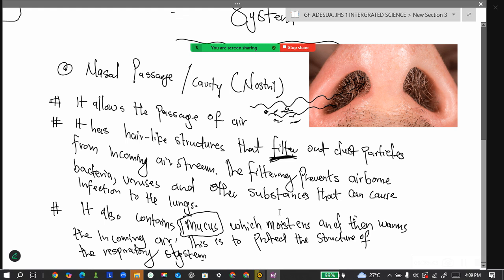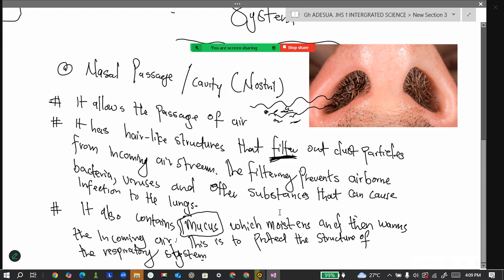If you feel like blowing your nose, yes, you can blow it. But if you don't feel like it, or if it is not filled up, don't blow them out. Let it be in there because it has a purpose. And what's the purpose? To moisten and also to warm the incoming air. You get it? Because the air that has to enter our lungs has to be cool air.